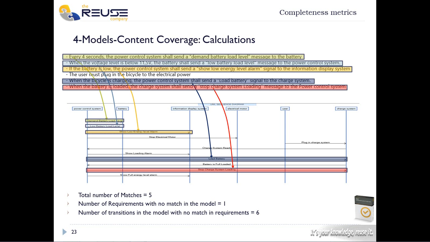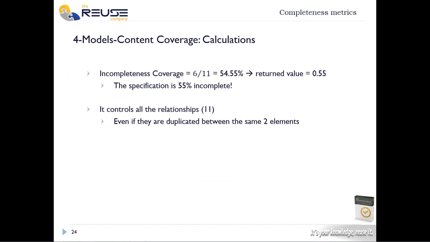As the spec only covers 5 of the 11 transitions, the incompleteness result will be 54.55%. The requirement specification is 55% incomplete compared with the model.